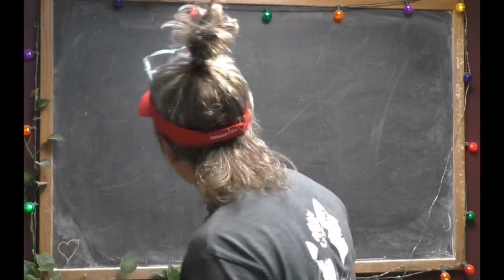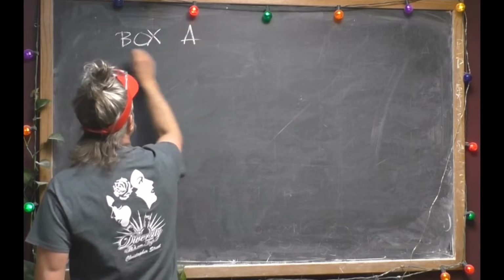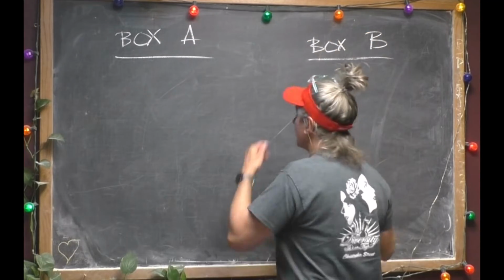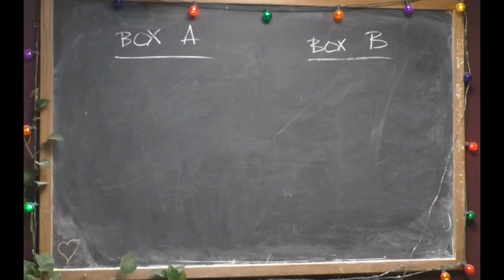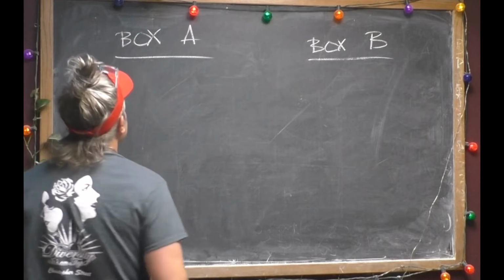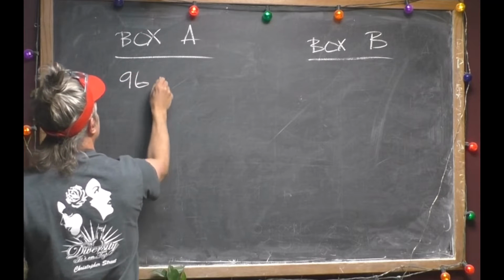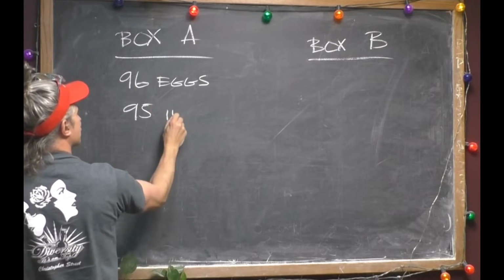Okay, so to do this, I'm going to create two fake boxes. Box A, box B. And we're also going to lean pretty heavily on the definition of what a percentage is. Okay, box A, I'm going to put 96 eggs in it. And of those 96, 95 are going to hatch.